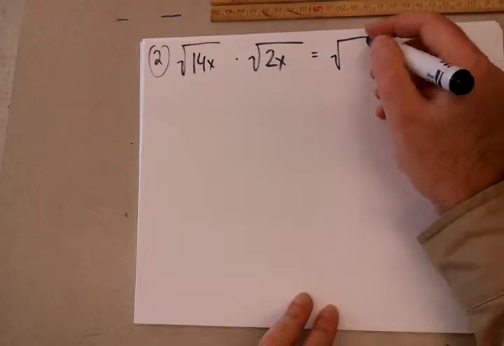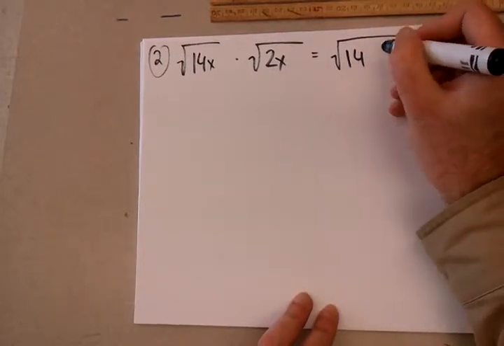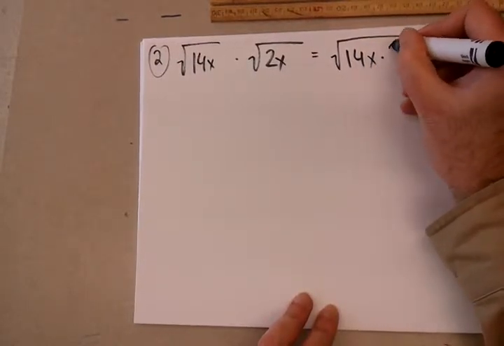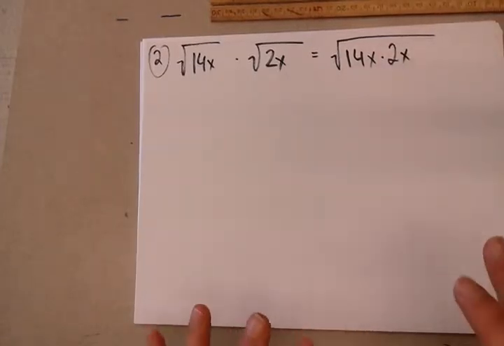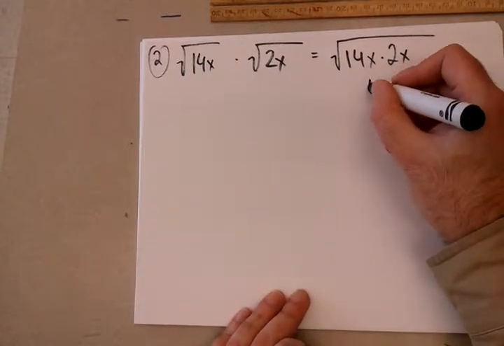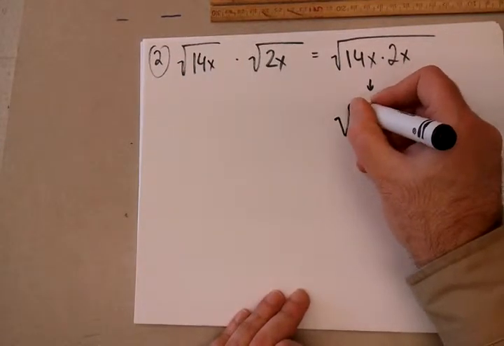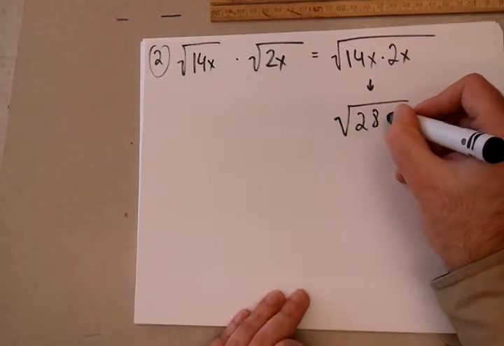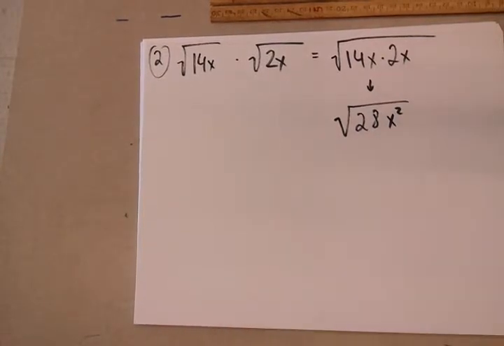Again, the product property allows us to do this. Break apart and reform products of multiplication underneath one root, or break them into separate roots. Once I do this, I get 28 x squared. 14 times 2 is 28. X times x is x squared.